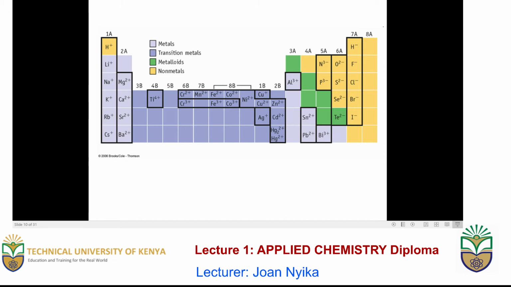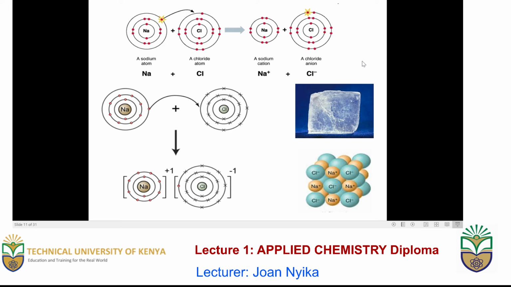In this case, an ionic charge of -1. Therefore, for a chemical bond to occur, the metals have to lose their electrons and transfer them to nonmetals.